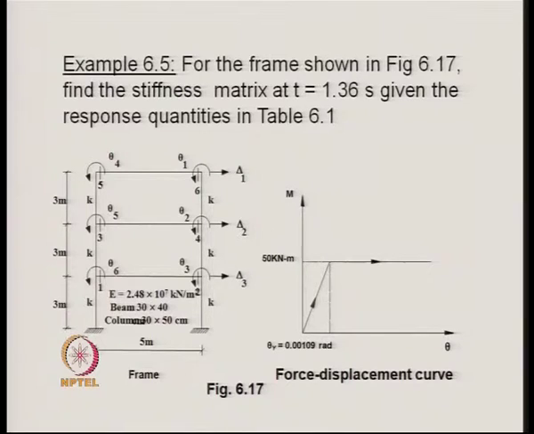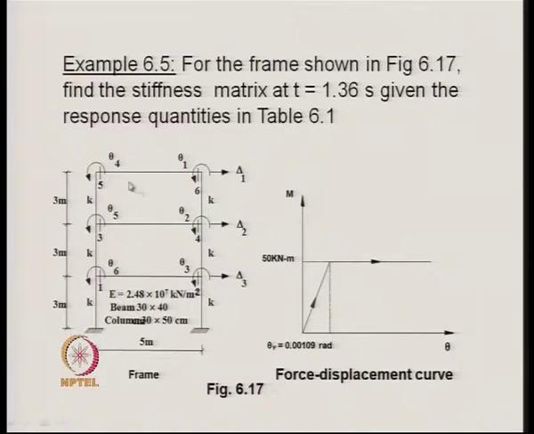We have the rotations. These rotations are theta 1, theta 2, theta 3 on the right hand side of the beam, and on the left hand side of the beam we have got theta 4, theta 5 and theta 6.